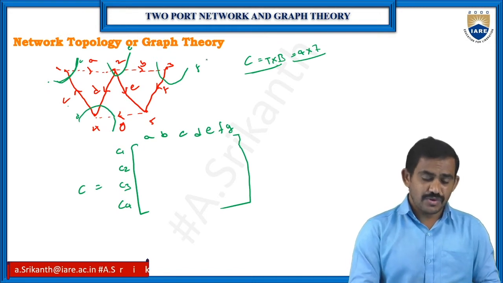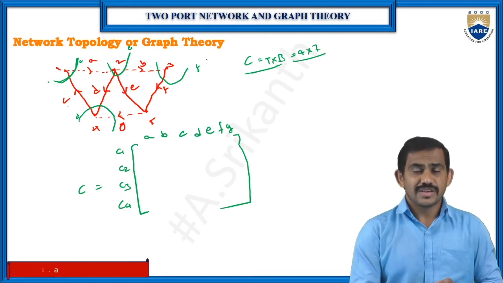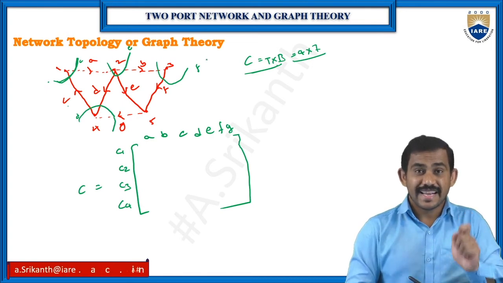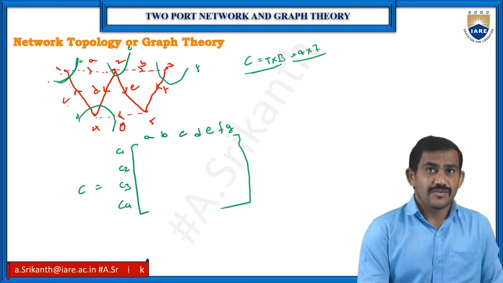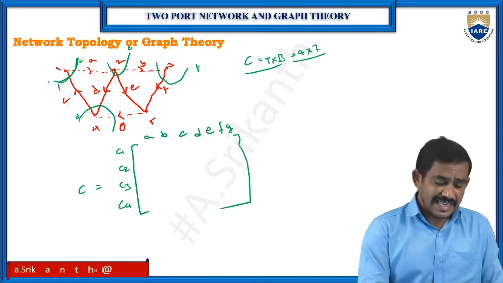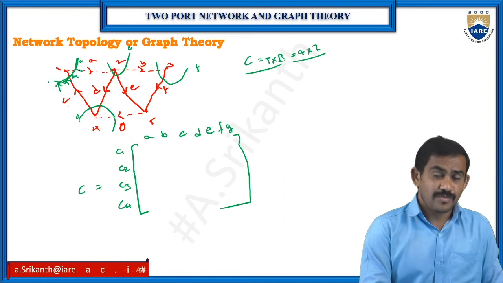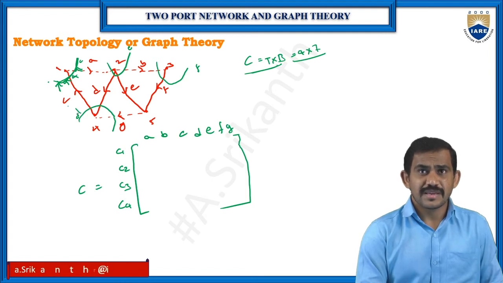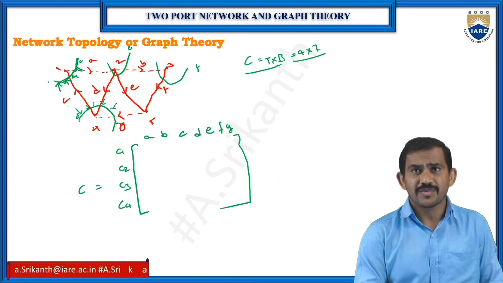You can cut at the 5th node for F. For whichever tree you are cutting, you need to take that direction. Suppose at first node I cut C. C is my tree, so the incoming branch currents are positive. And here I have the D branch, so D is also incoming.